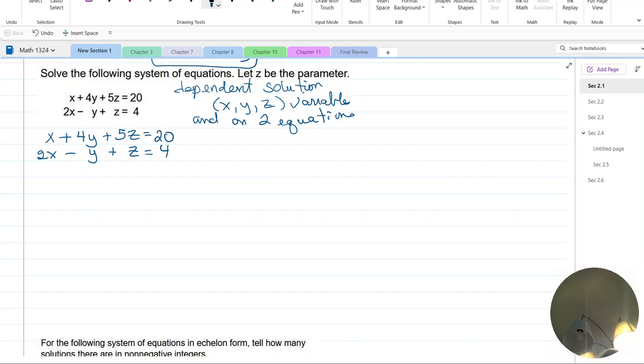So what I want to do is, of course, do 2 times row 1 minus row 2 to give me a new row 2. All right.